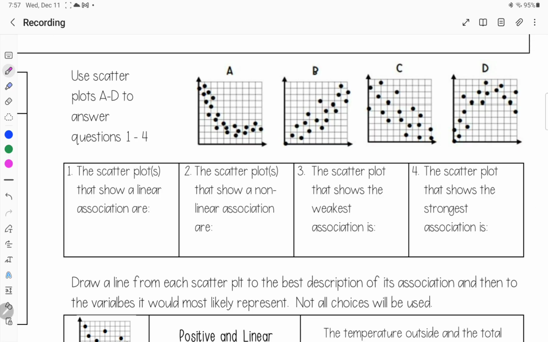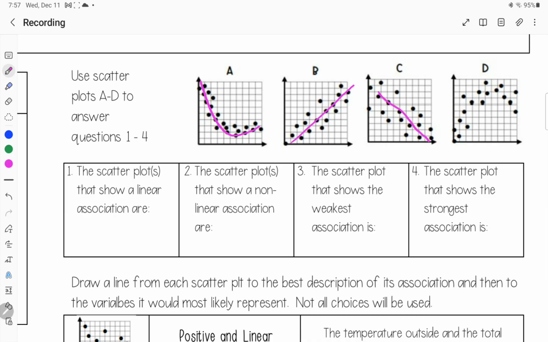Looking at these scatter plots, A, B, C, and D, question 1 says the scatter plots that show a linear association are, so we want to know which one shows linear. If I were to follow A, I would start here and it kind of turns like this. So we cannot draw a straight line. This one overall is going like this.